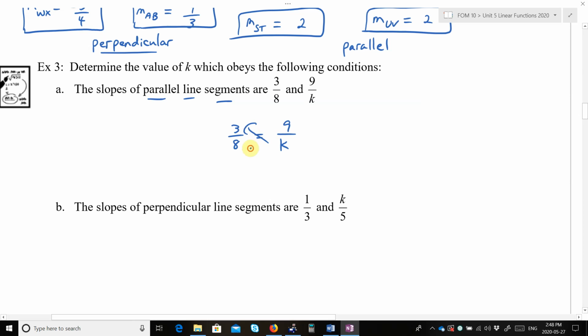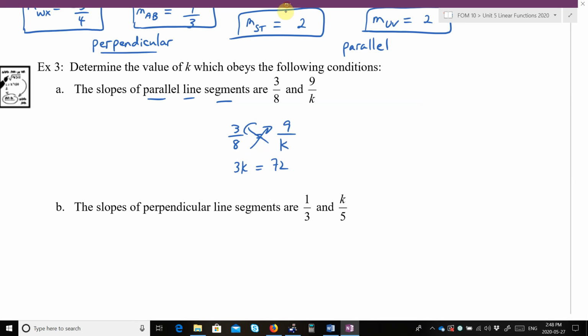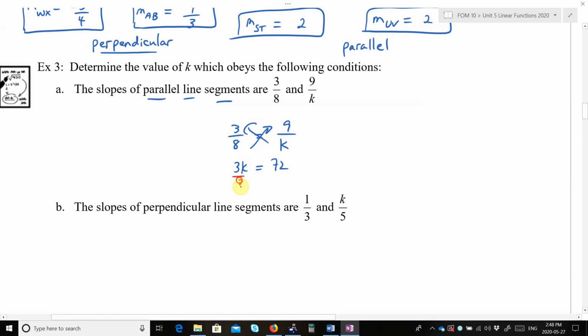Might be the safer bet. So we end up getting 3 times k equals 8 times 9 is 72. And divide both sides by 3 to get k by itself. 72 divided by 3 is equal to 24, so k equals 24.